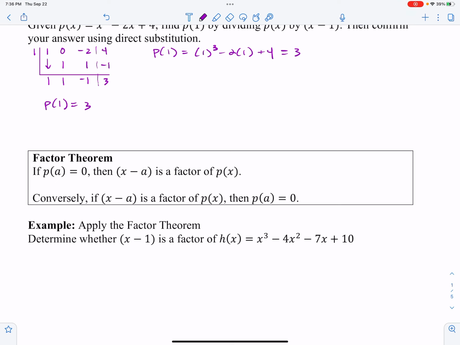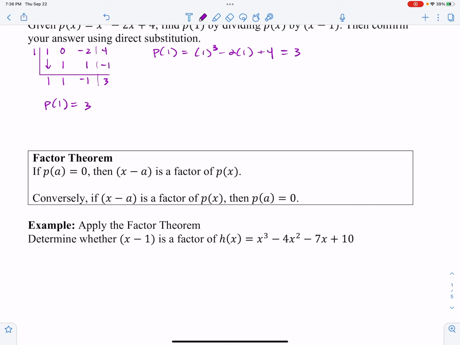If x minus a is a factor of p of x, then its remainder, whenever you divide x minus a into p of x, should be 0, and therefore that helps us with factoring. That helps us with identifying the zeros.